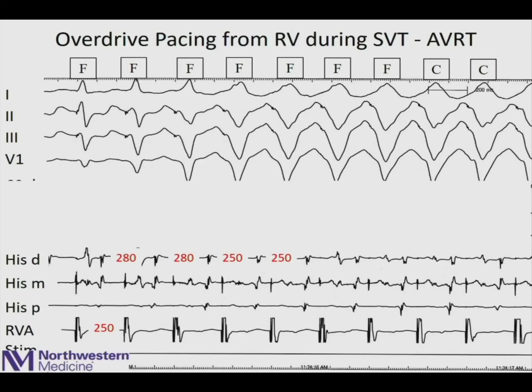So if in this beat and in this beat it doesn't look purely paced, that means there must have been a wavefront that made it not only to the His, but all the way down, at least one of the Purkinje fibers, to the ventricle. So if that's true, then on this beat and this beat and this beat and this beat, wherever he's labeling fusion, meaning it doesn't look purely paced, the His bundle and the Purkinje system must have been refractory.